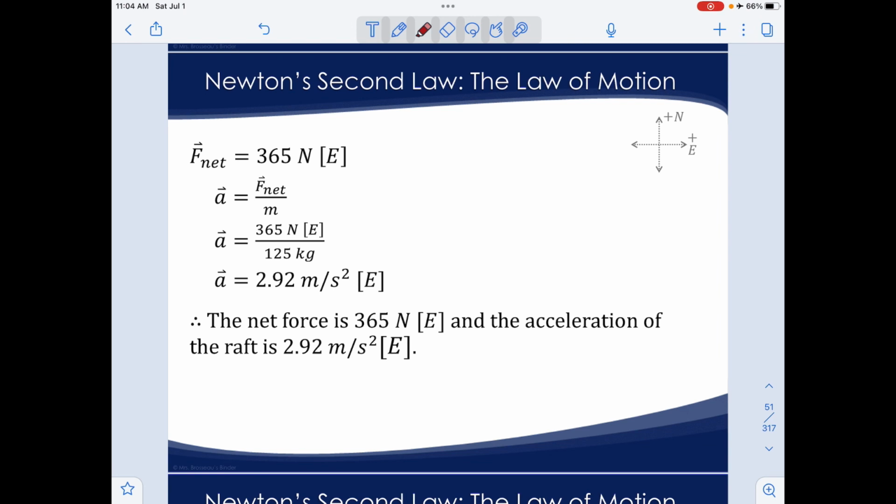Now if we look in the x direction, the acceleration is 365 newtons east divided by 125 kilograms, and that gives us 2.92 meters per second squared east. Now what about the y direction?